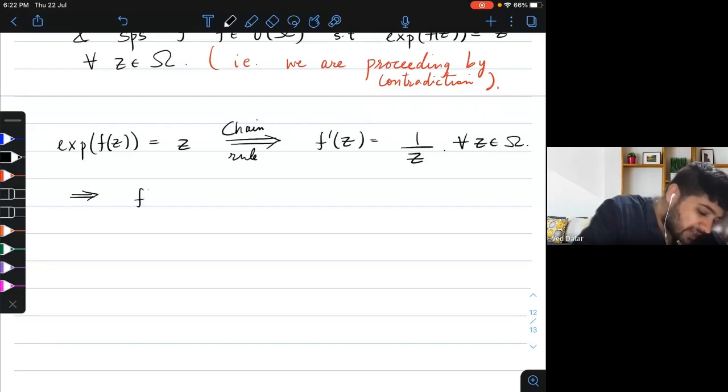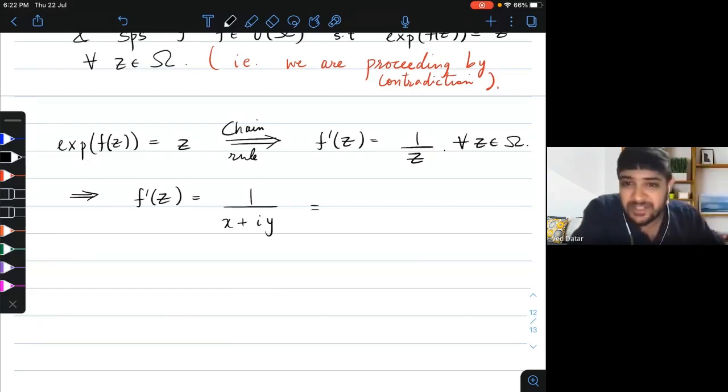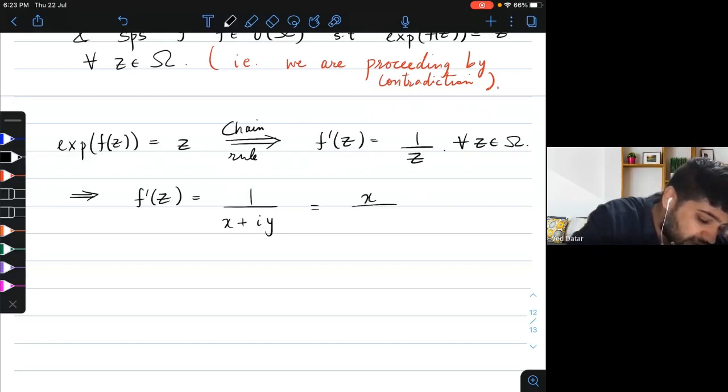So what is 1 by z? That's just 1 over x plus iy. If you multiply by the complex conjugate, you end up with x by x squared plus y squared minus i times y by x squared plus y squared.